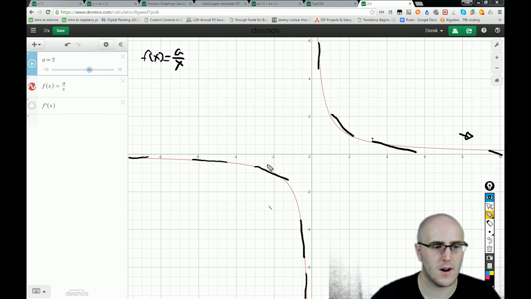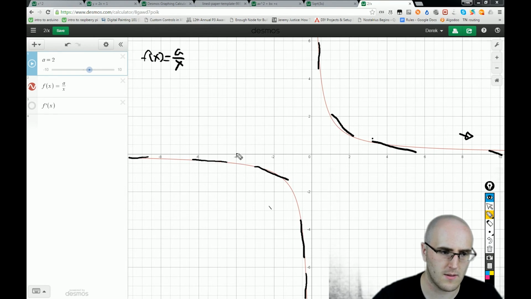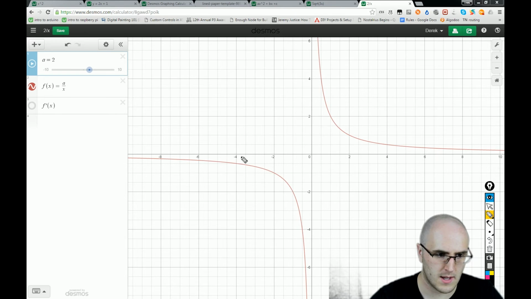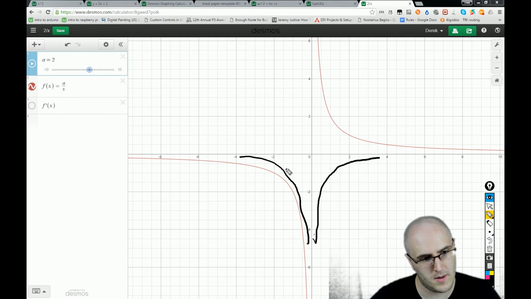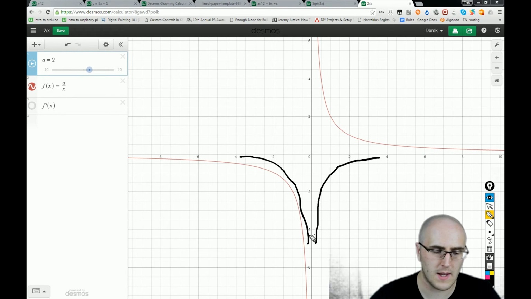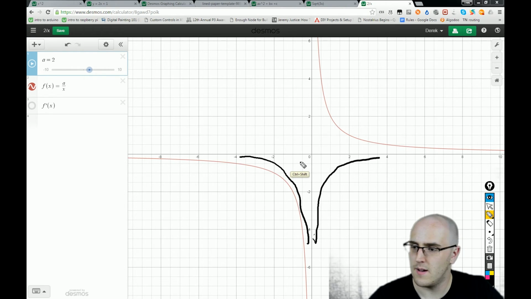So our derivative should look something like this. We start out at 0, we become negative, negative, negative, infinitely negative, and then we come back up to 0. But we're always underneath the line here. All right, let's move on to the derivation.